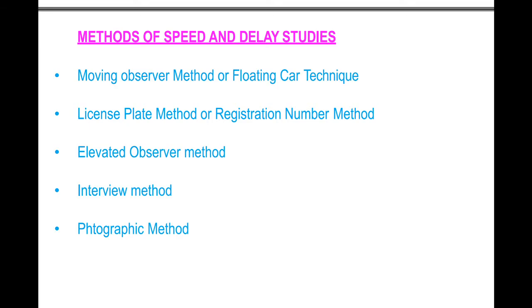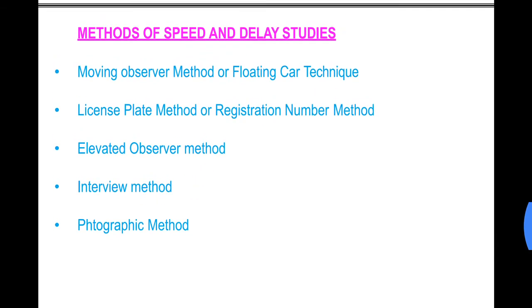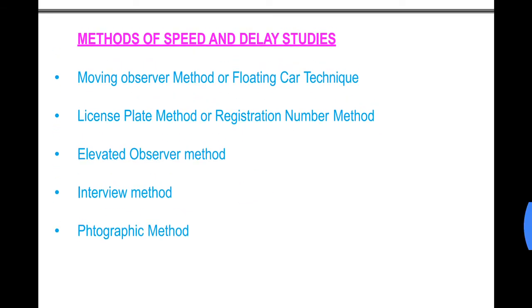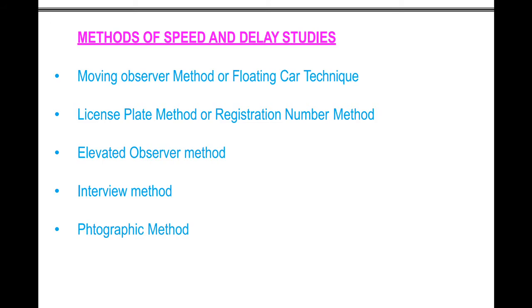All this is observed from an elevated point. The next is the interview method, wherein the surveyor would interview the drivers and ask them about their delays in that study area. And the last one is the photographic or the videographic method, where either time-lapse photography or videographic is being used in order to find out the speed and delays.